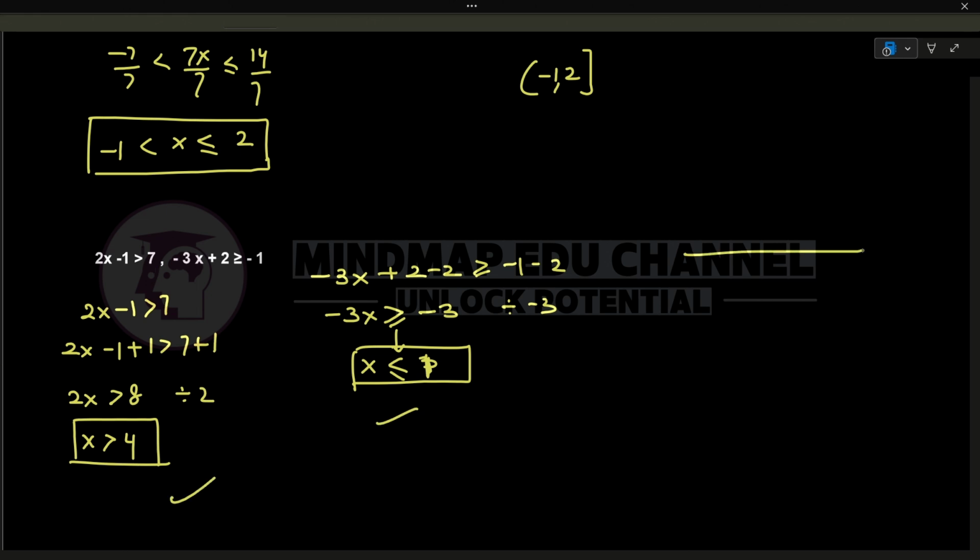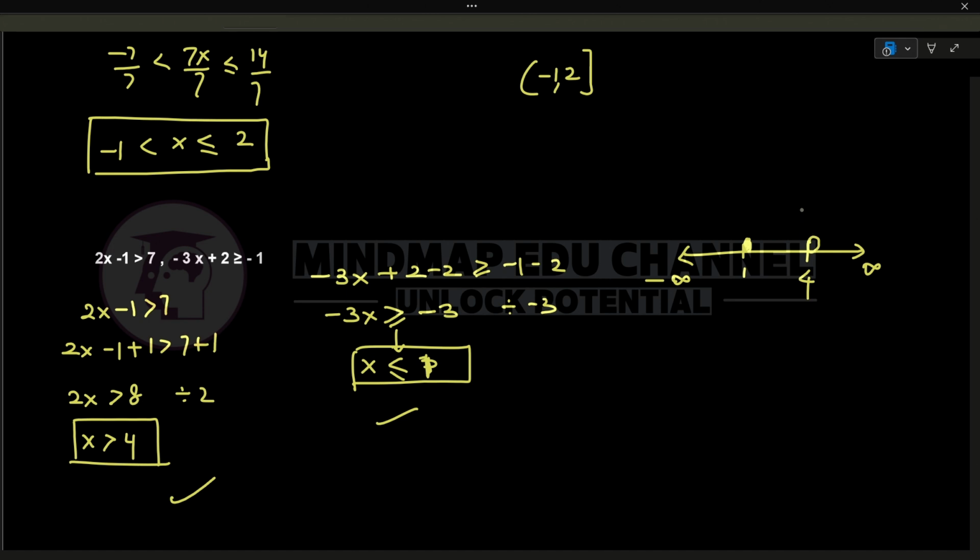Now, mark it here on a number line. It will be 1 and 4, minus infinity to infinity. Now, over 1 it will be a closed circle and over 4 it will be an open circle.